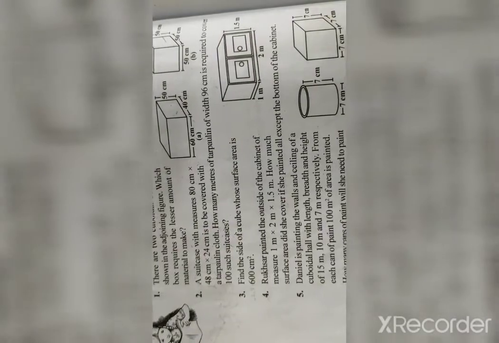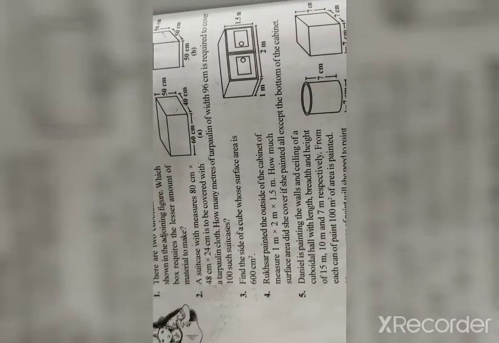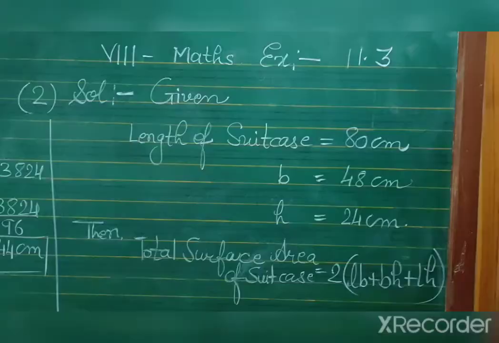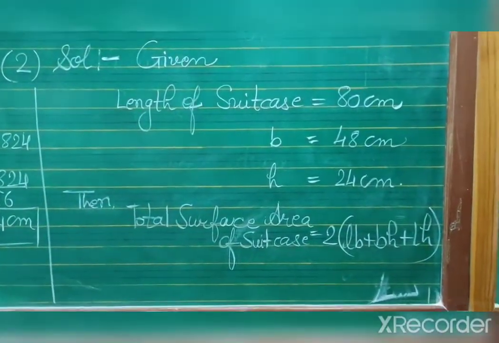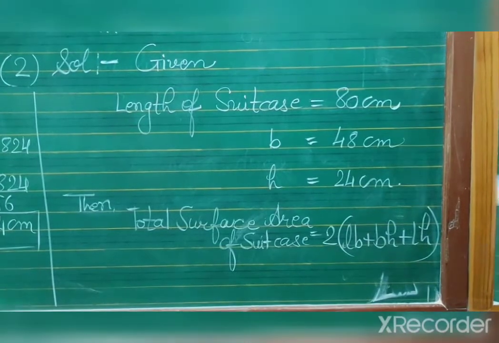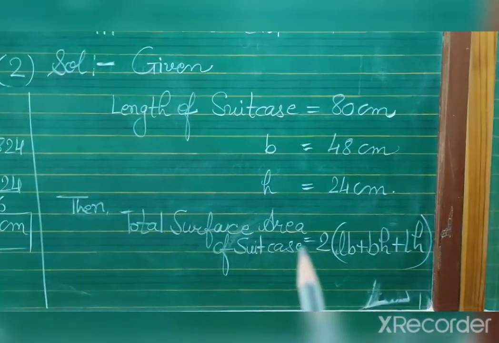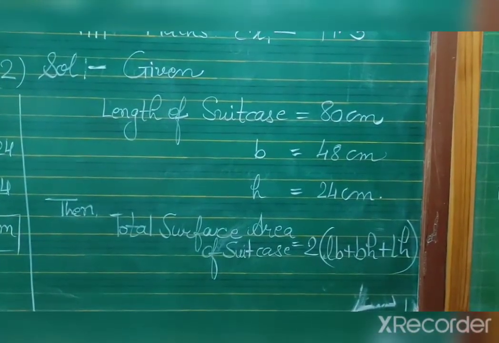So we will get the total quantity of cloth. So let us start. Now see in the second question, given length of suitcase 80 centimeter, breadth 48 centimeter, height 24 centimeter. Then total surface area of suitcase is equal to 2 times the formula.